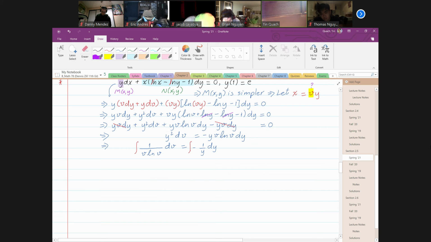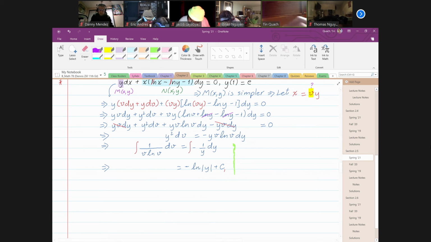Okay, so let's go to the right side. The one on the right side is easy. That is just negative ln of the absolute value of y, plus a constant c. The integral on the left, how would you integrate that?